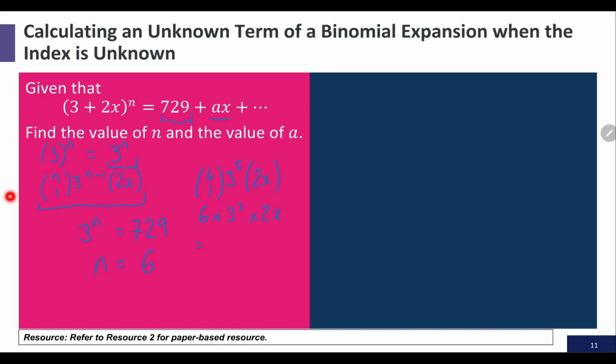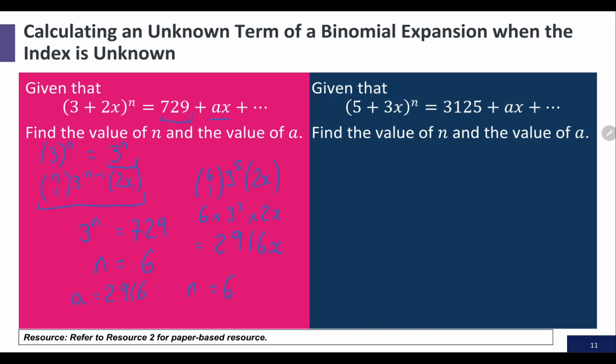So after all that, we end up with 6 times 3 to the 5 multiplied by 2 comes out as 2,916x. So just to round off my answers, a is equal to 2,916 and n is equal to 6. And there you go. Pause the video and have a go at this next question.